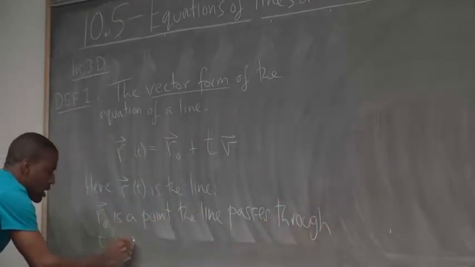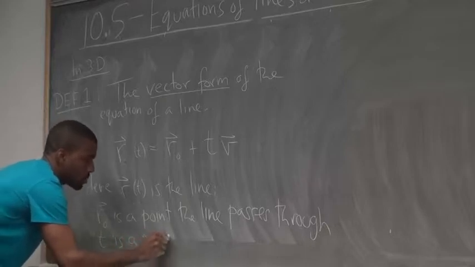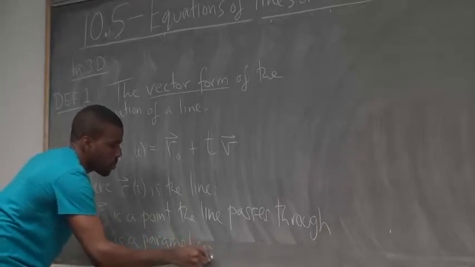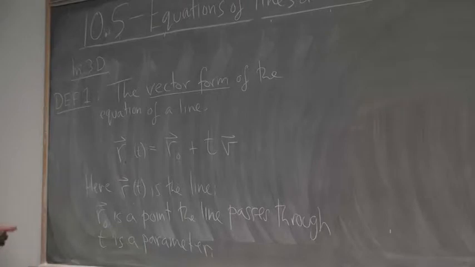T is a parameter. Yes? By R naught is a point, you mean R naught is the position vector? Yeah, it's a position vector. I'm going to show you where this comes from.